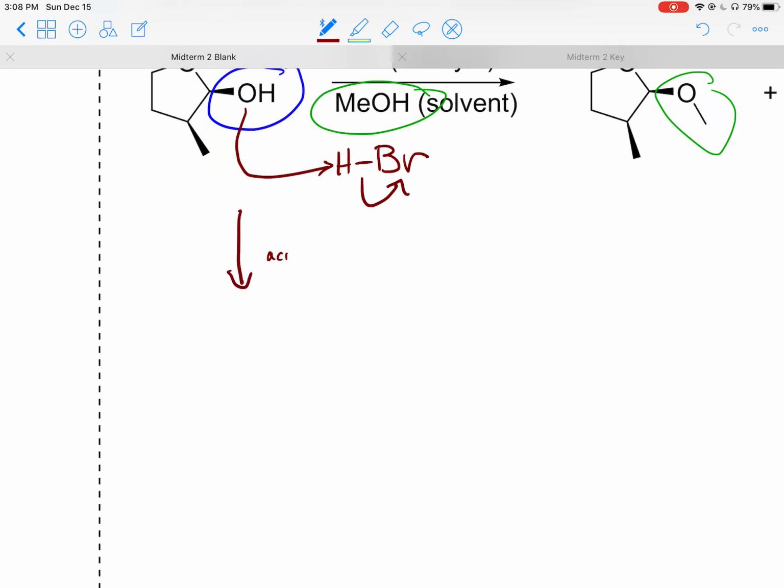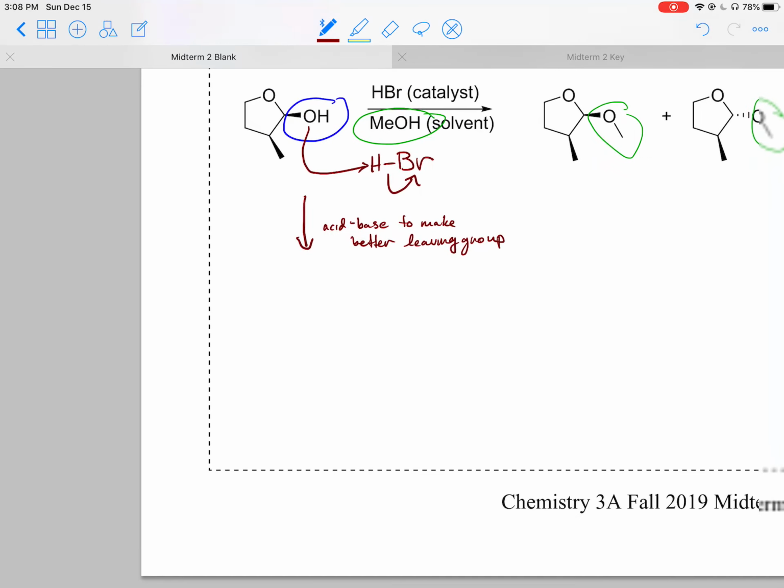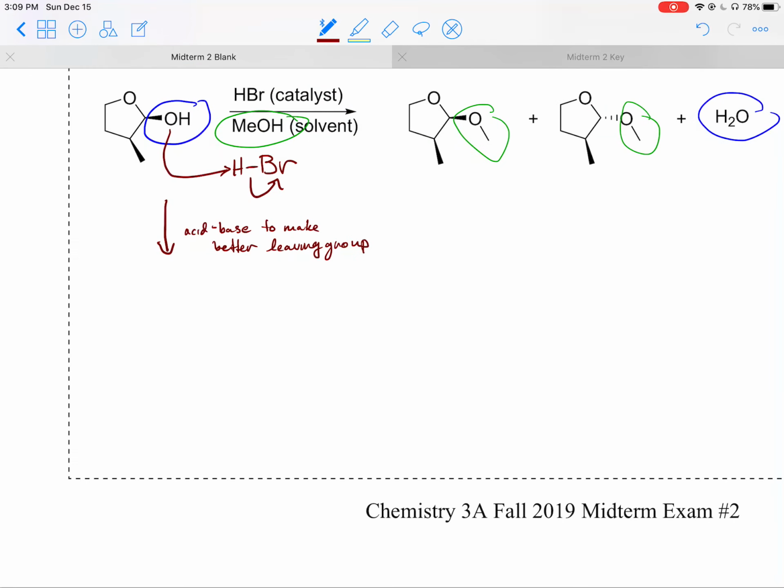So acid base to make a better leaving group. You'll recall this is a pretty favorable acid base because hydrobromic acid is a really strong acid. It really wants to get rid of its hydrogen, and water isn't as strong of an acid, so it's overall going to be favorable.